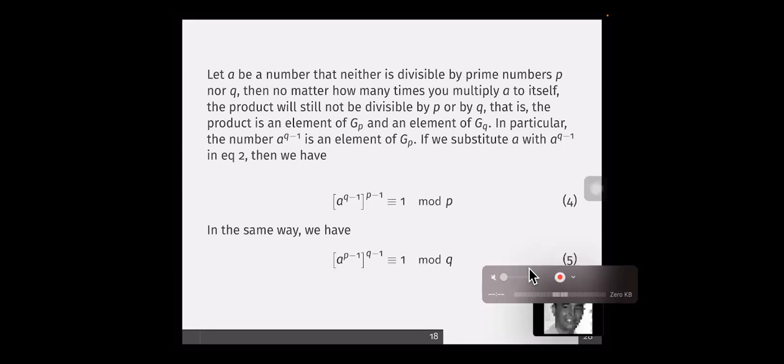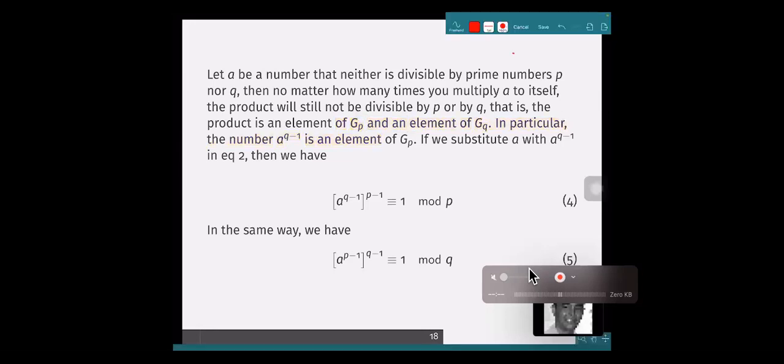So what do we call that set? It's called G of p. So G of p is the set of all numbers that don't have any common factor with p.